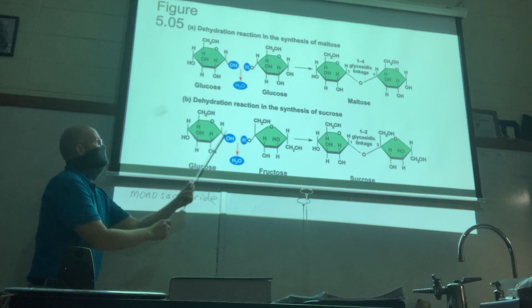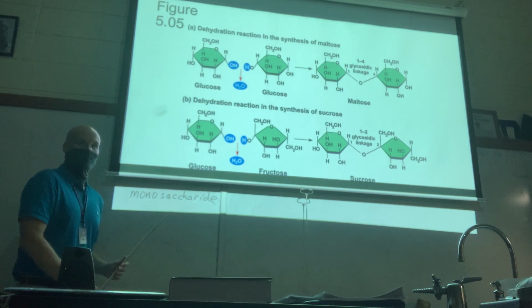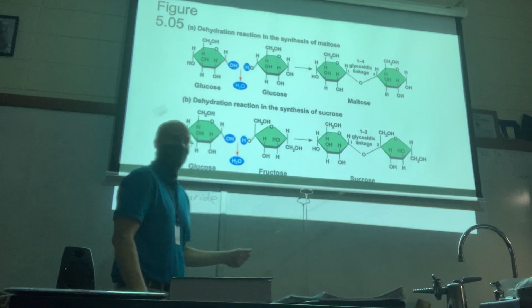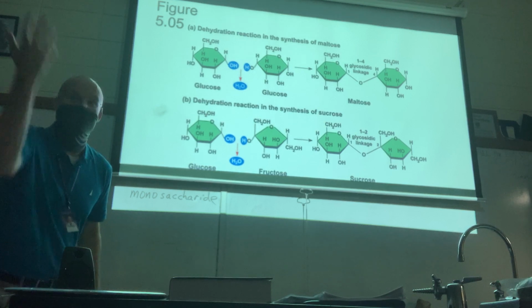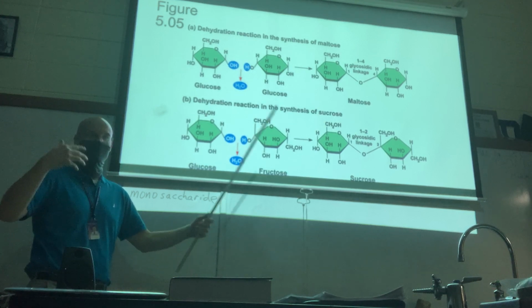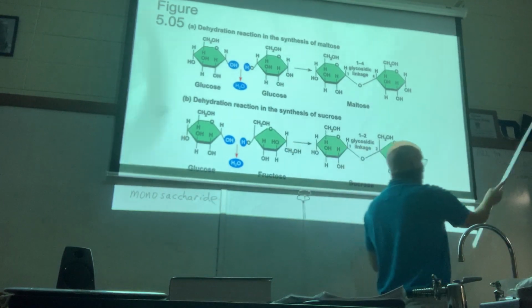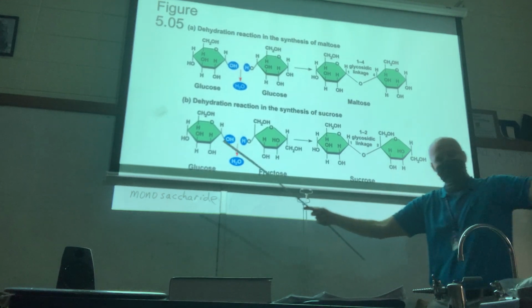If this represents one sugar, a monosaccharide, what do you think the technical term for sucrose is? Not monosaccharide. Disaccharide. Good. And what do we call it when we add a sugar and another sugar and another sugar, and you get this long chain of sugars?